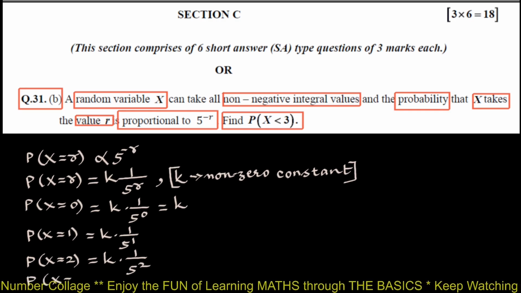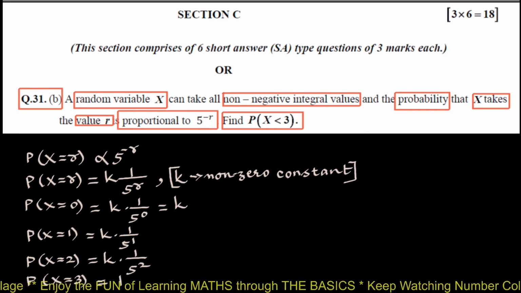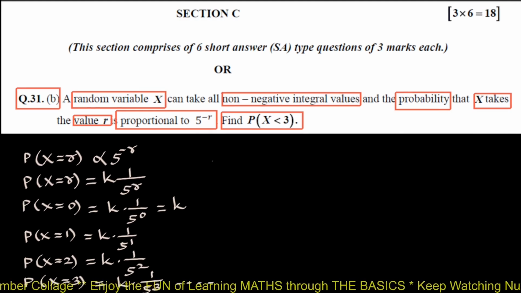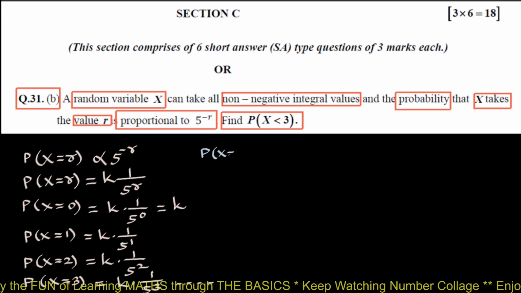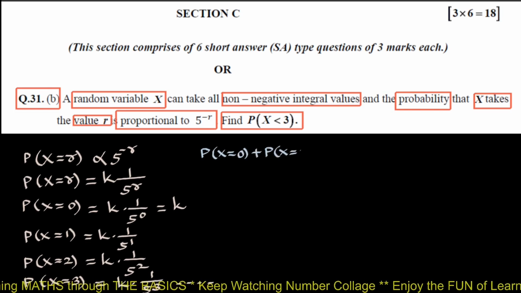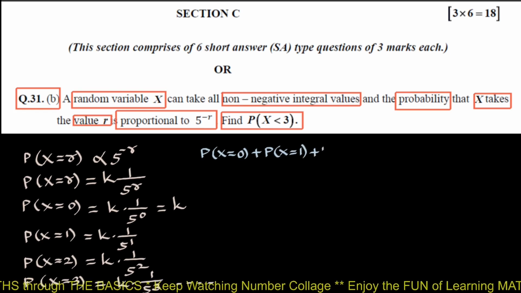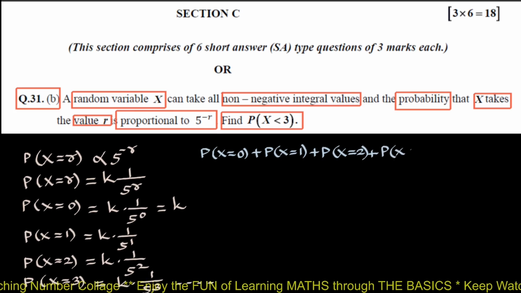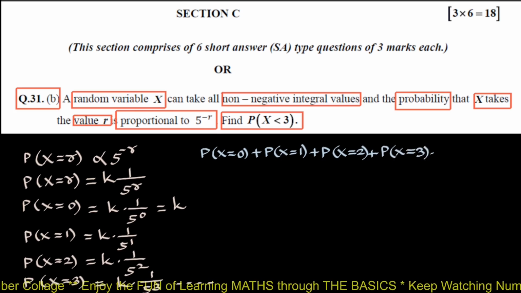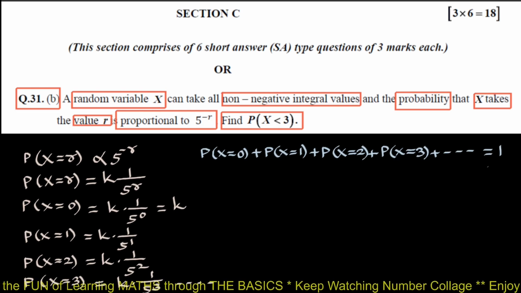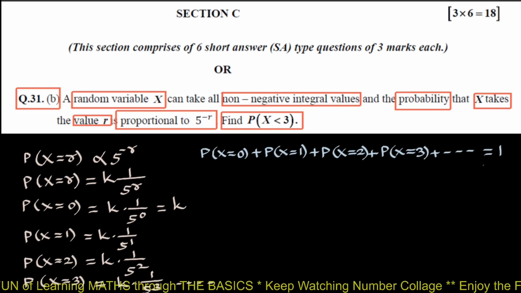Probability when x equals 3 will be k times 1 upon 5 cube, etc. Now we have probability when x equals 0 plus probability when x equals 1 plus probability when x equals 2 plus probability when x equals 3 plus so and so forth equals 1, because sum of all probabilities is 1.